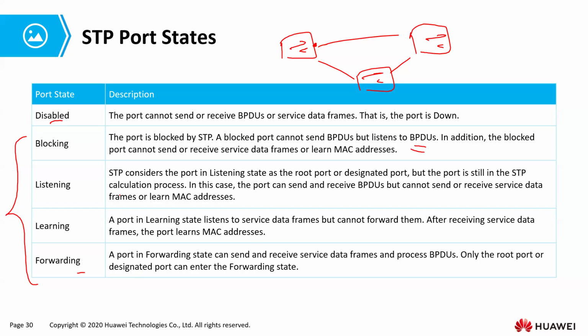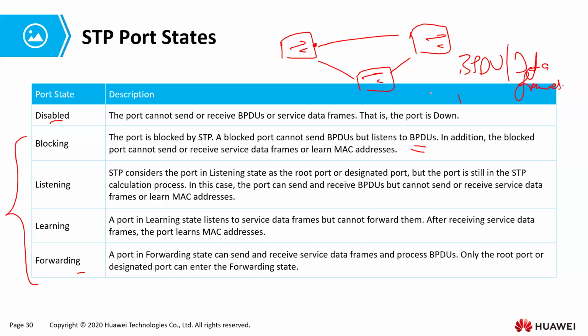I think there is a need for a table which summarizes what every state does. So how can we summarize this? We tick BPDUs and data frames.